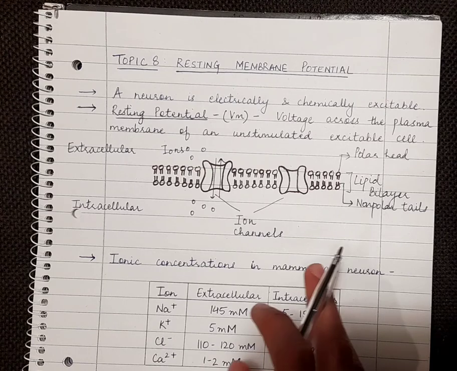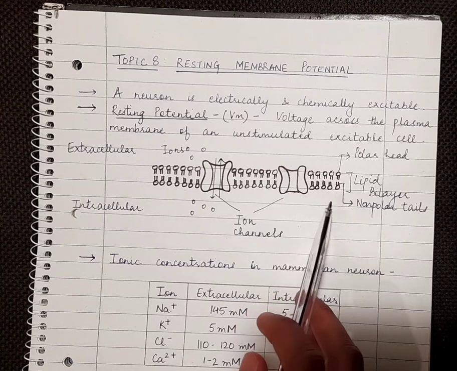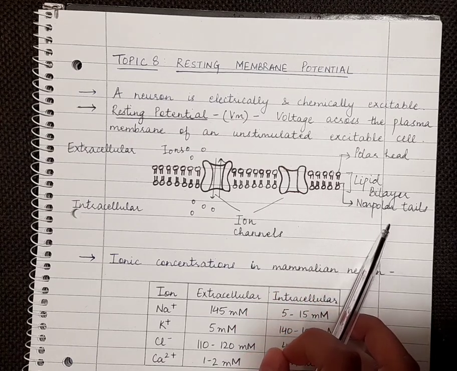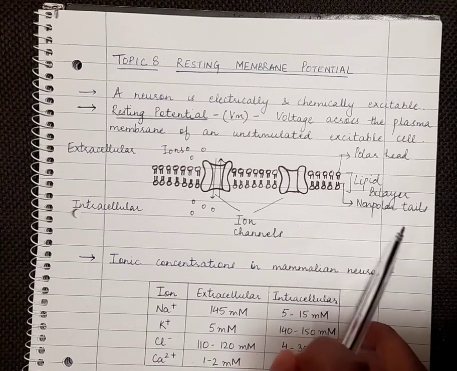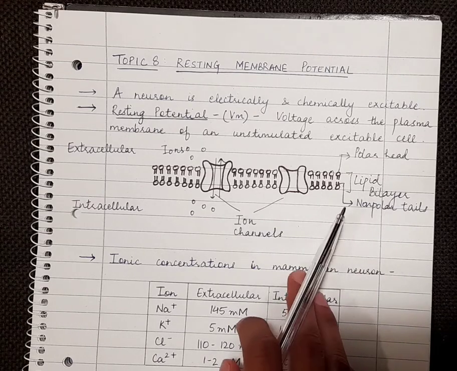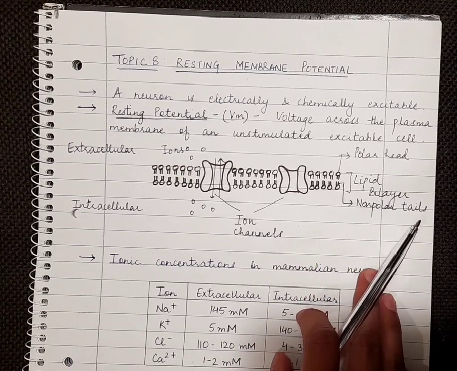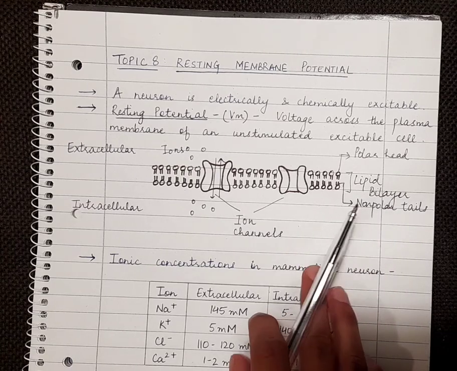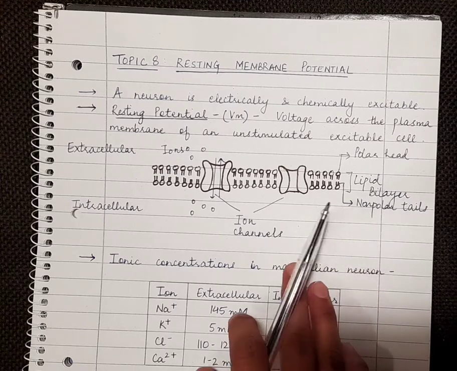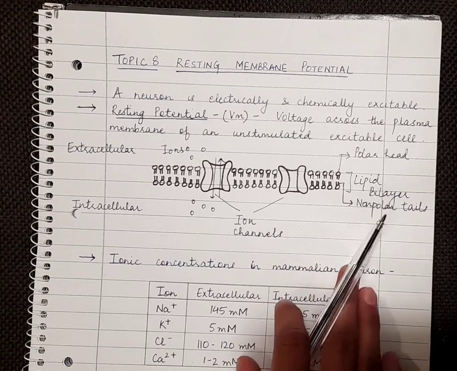For example, if there is a voltage change, there are ion channels called voltage gated ion channels, which can open if there is any voltage difference. And they are very specific also. For example, for sodium, there is a particular ion channel called the voltage gated sodium channel, which will open when there is a voltage difference.